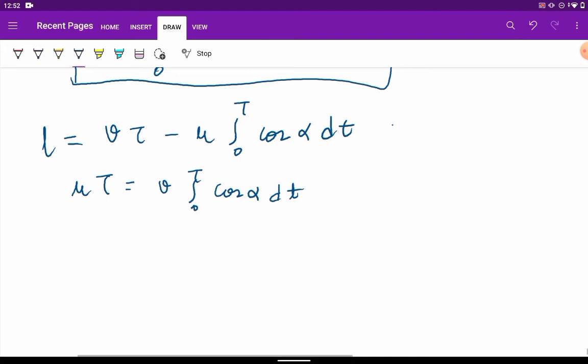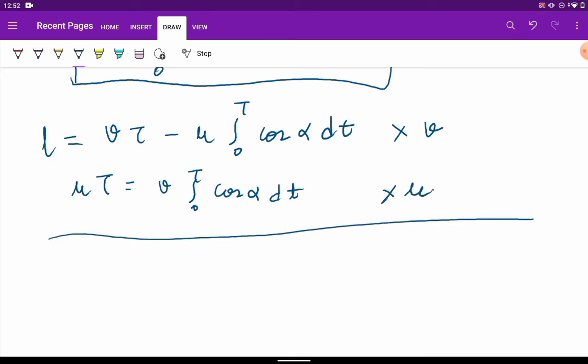If we multiply the first equation by v and the second by u and add, the integral terms cancel out, minus uv plus uv.